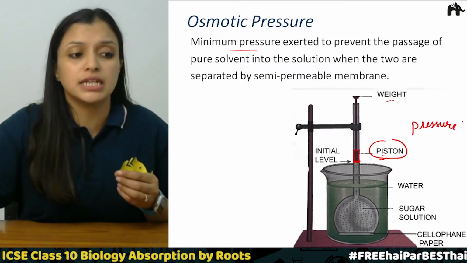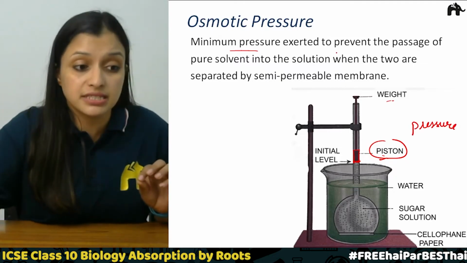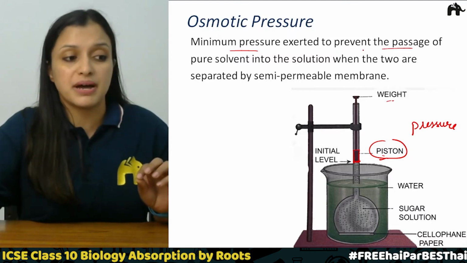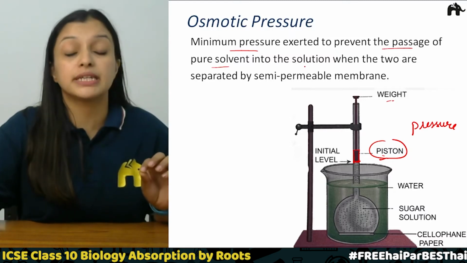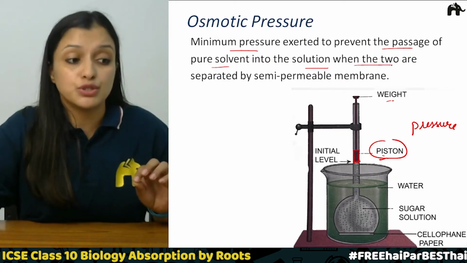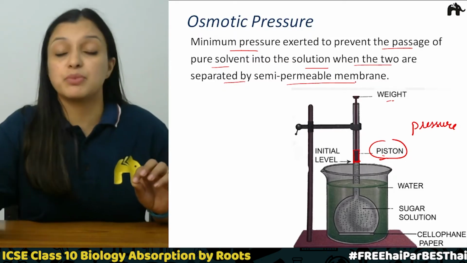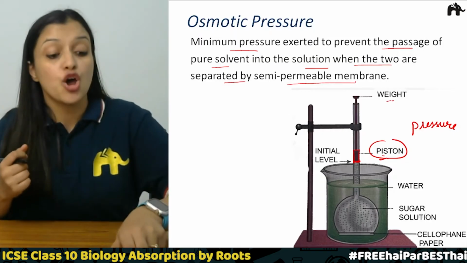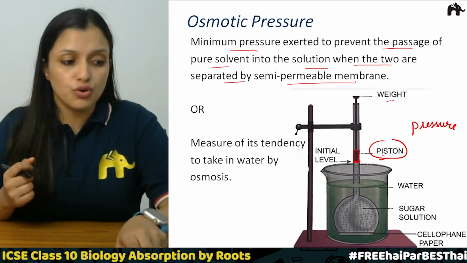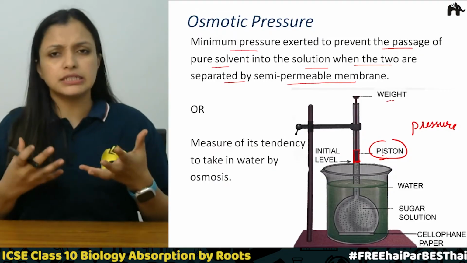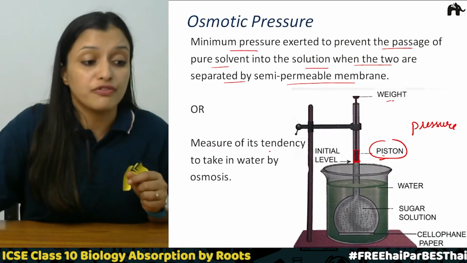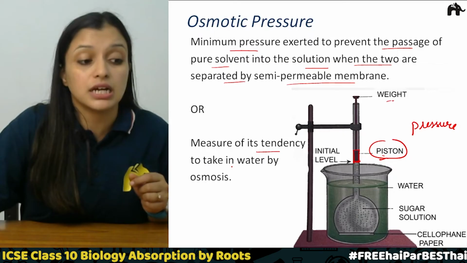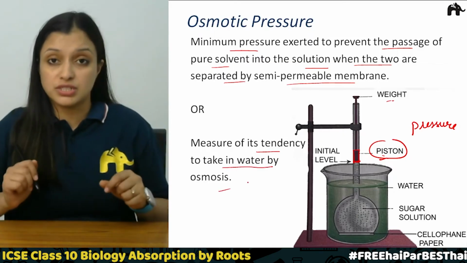So it is basically the minimum pressure which is exerted to prevent the passage of pure solvent into the solution when the two are separated by a semi-permeable membrane. So it is basically the minimum pressure, right? Or we can also define it something like this: the measure of its tendency to take in water by osmosis, right?